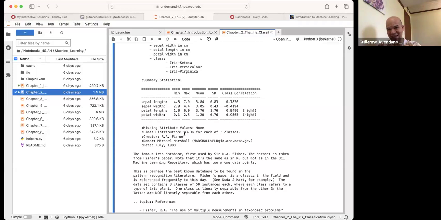It is an excellent data set, because there are 50 cases for each one. So we don't have a particular bias from having more data for one case and little data for the other.